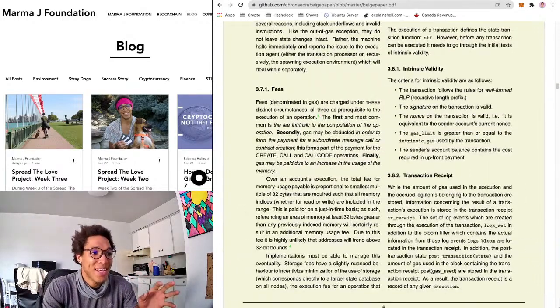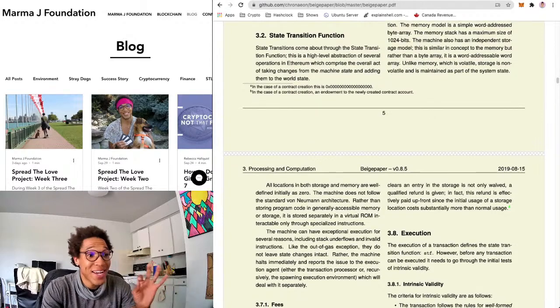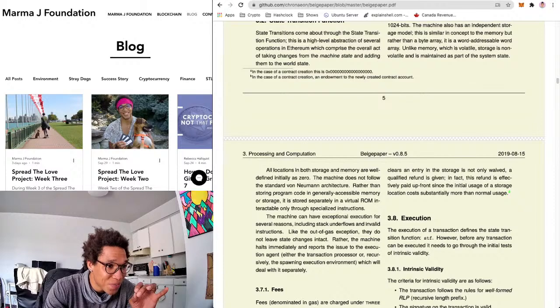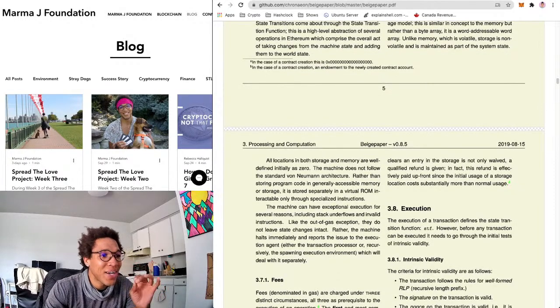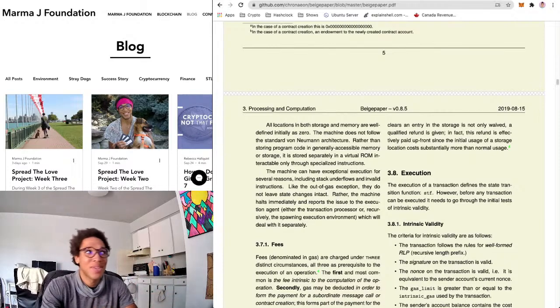Okay, so the execution fee for an operation that clears an entry in the storage is not only waived, but a qualified refund is given. Now this confuses me because in my opinion, with blockchain, things always cost money. To use the blockchain, it costs money.